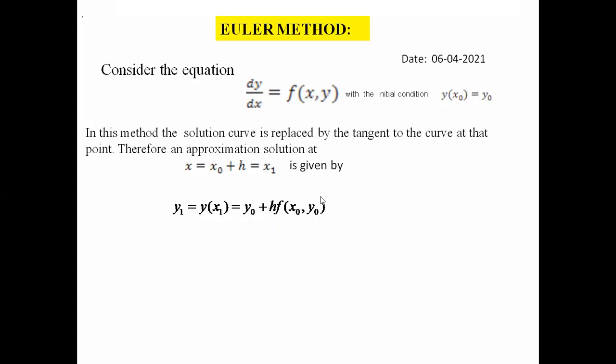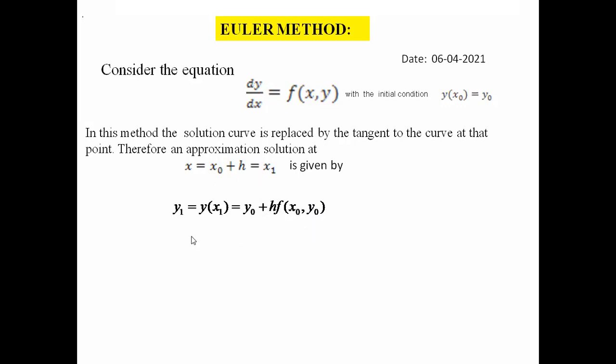To this we add the slope, because what is f of x comma y? It means dy by dx, and dy by dx always represents the slope of the tangent to the curve. So we replace this by f and multiply by this length h. When you multiply, it gives an approximate answer for this.